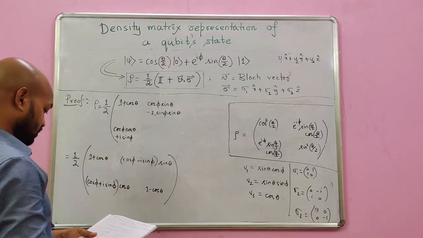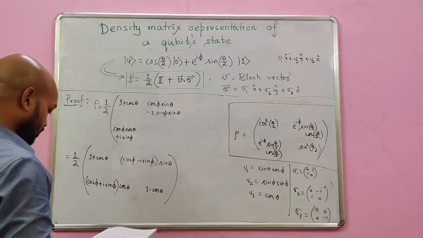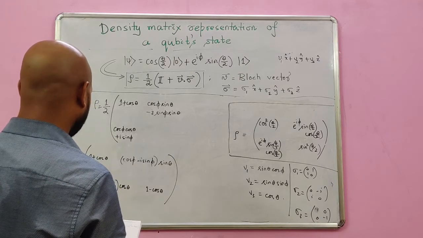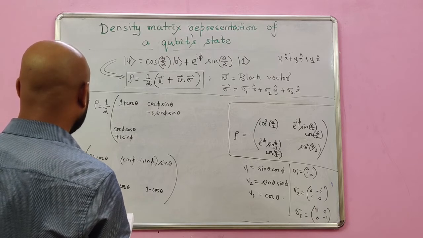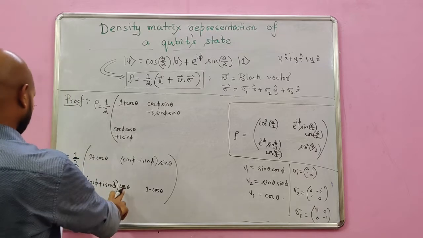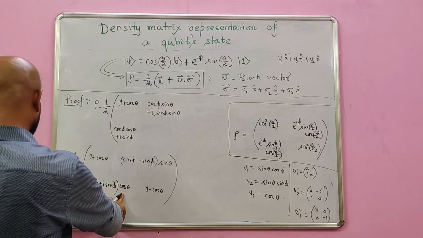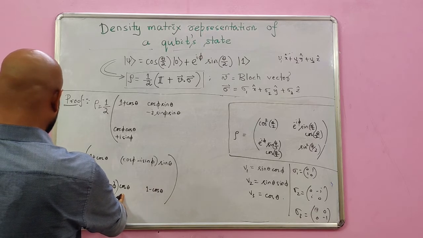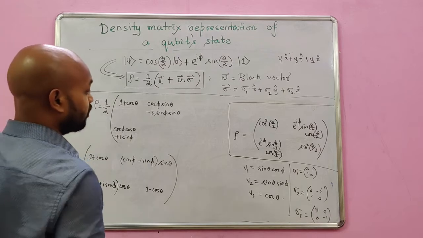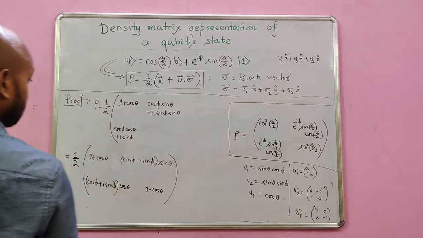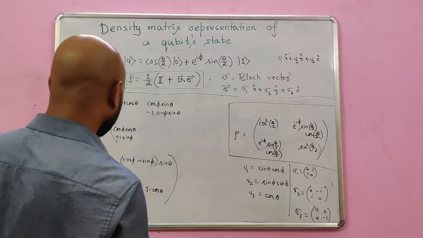Okay, let me check. Cos phi, i sin phi, cos phi sin theta by 2, cos phi sin theta. Okay. Alright, we have made a mistake here.